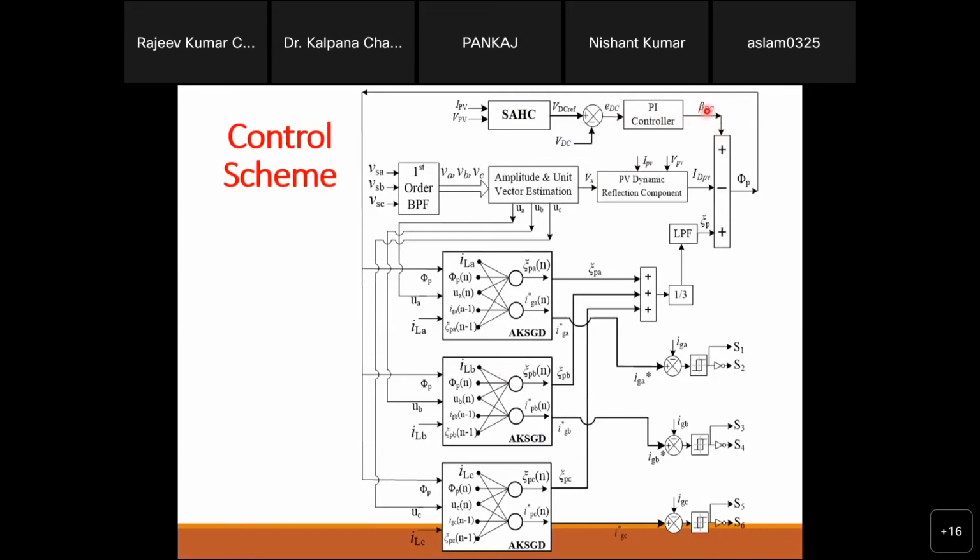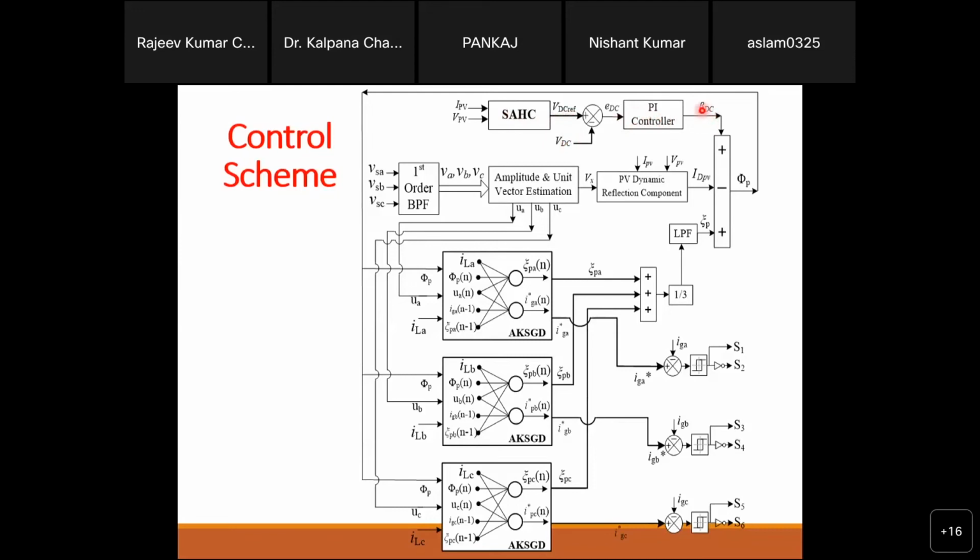But if you attach one extra boost converter there, you have two options. Use this current and voltage in the MPPT algorithm to generate the duty cycle directly. One way is you generate the duty cycle directly, or you can generate VDC ref, and then compare with your actual one, pass the error to the PI, and generate this component as a duty cycle.